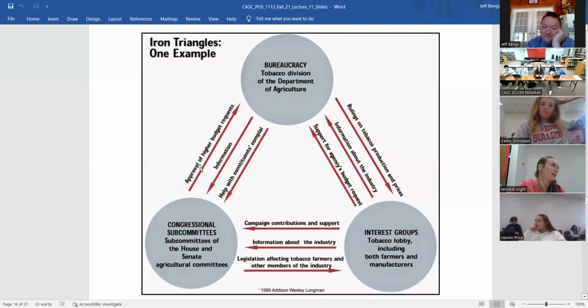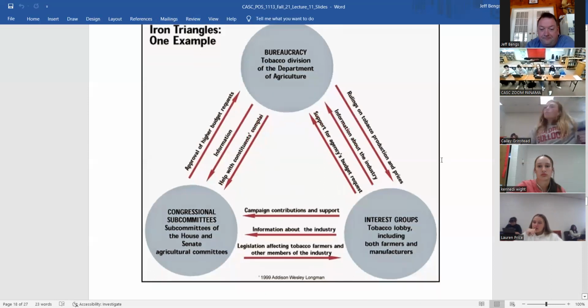The committees are approving the budgets that the Department of Agriculture is putting forth. The interest groups are trying to get more money in the budget for the small sheep farmers. These iron triangles are working together to get things done.